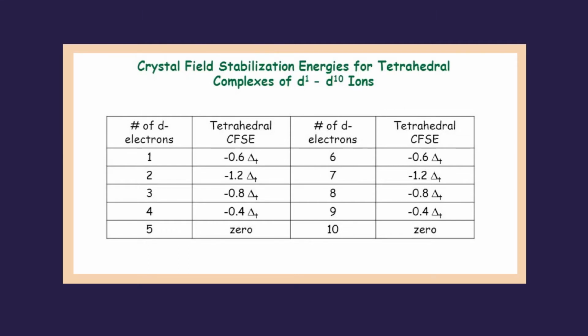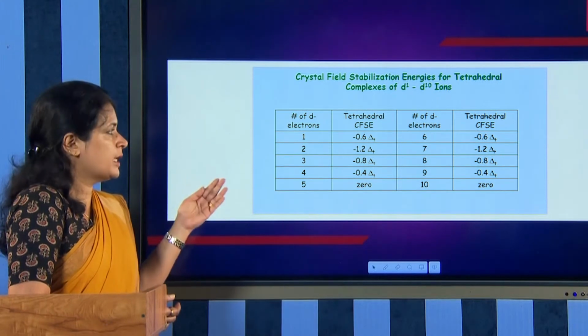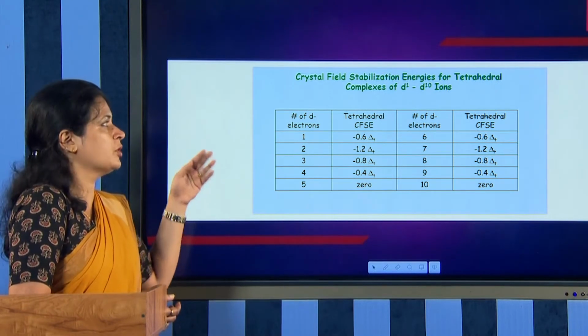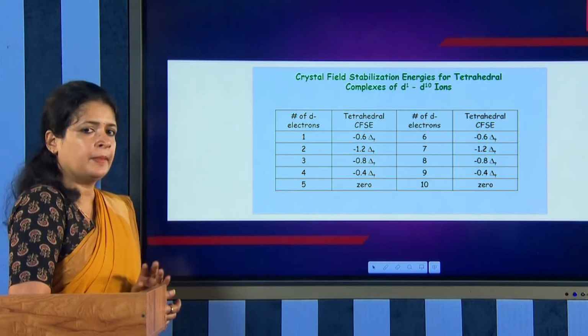See the CFSE, that is crystal field stabilization energy. We have already calculated it in the case of octahedral complexes from d1 to d10. In this case, you can calculate the values of this CFSE from d1 to d10.